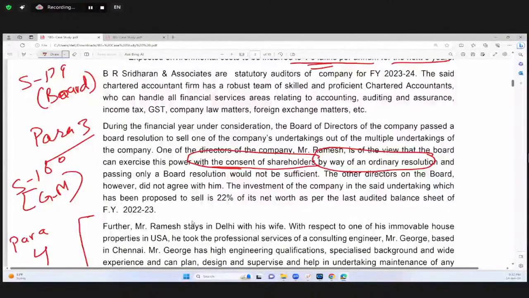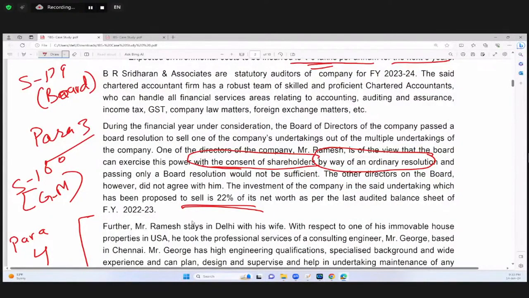So for that purpose, the company law section 180 prescribes that if the investment in that undertaking exceeds 20%, then the board of directors has to go to the company and pass a special resolution. That means if the investment in the said undertaking of the company is below 20%, then the board of directors can do that item on their own.